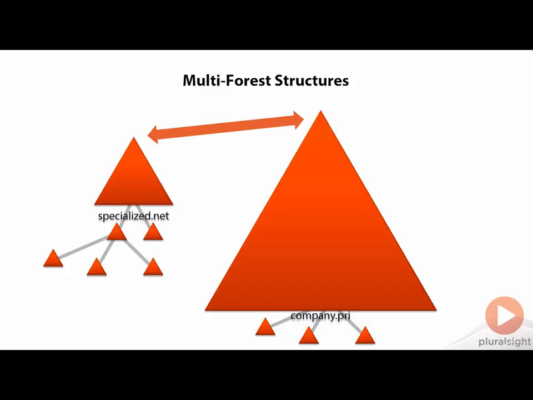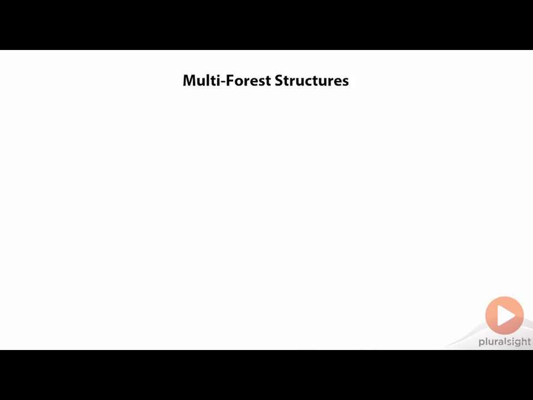Now, gosh, this is quite complicated. Why would I go about creating an even more complex situation with a multi-forest structure than what I'm already seeing with a multi-domain structure? What's interesting is that multi-forest structures are not quite half and half when it comes to why they end up happening. The first reason is mainly just business decisions that have been made.